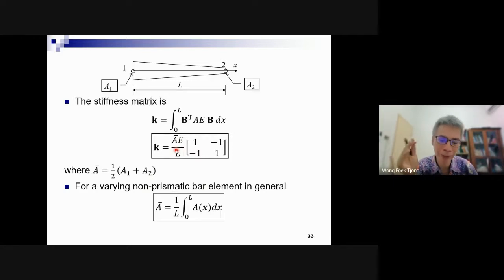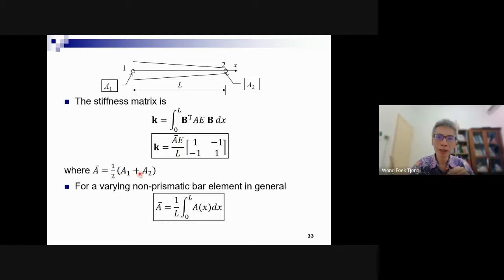To save lecture time, I am not deriving it mathematically, because that's easy mathematics, just easy integrals, not difficult integrals. You can check by yourself.